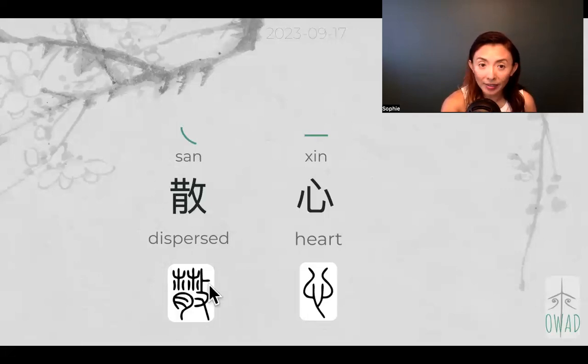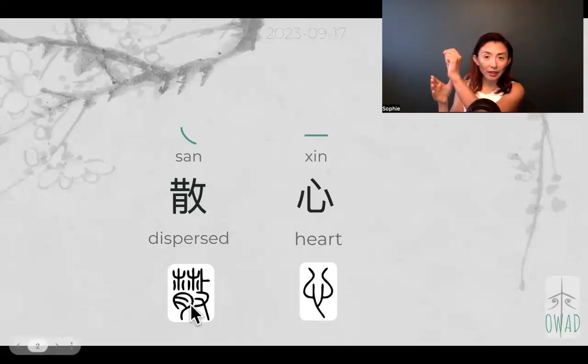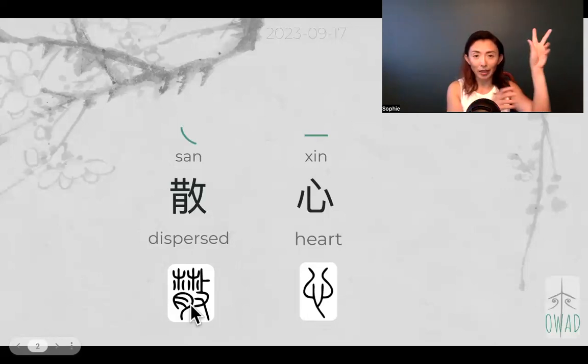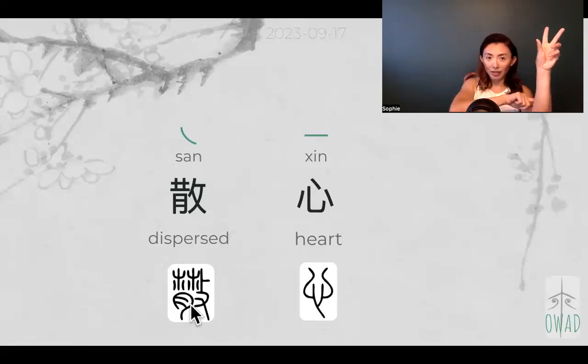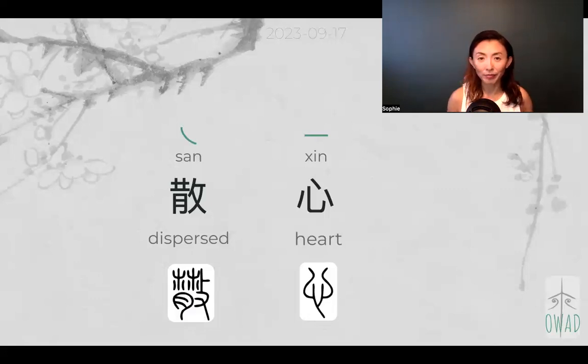In traditional Chinese, you can see the top portion of 散 is forest. So forest has this canopy, the tree trunk, and then the two strokes on each side of the tree trunk.